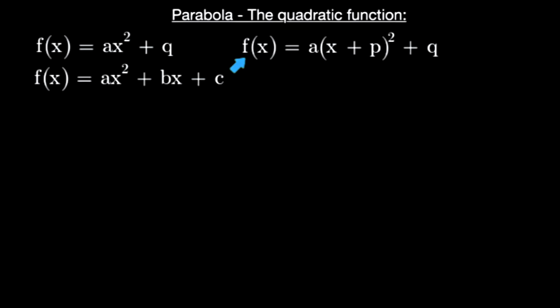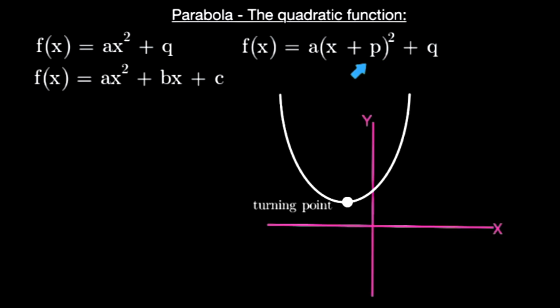Now today's form looks like this, where we have f(x) equals a in brackets (x plus p), we close the bracket, squared plus q. Now when it is in this form, there's also a left or right movement, but in this form our turning point is already known, so it is given to us. This p and q represents our turning point. Okay, but pay careful attention. If this was a positive value, our x coordinate for our turning point will then have a negative number.